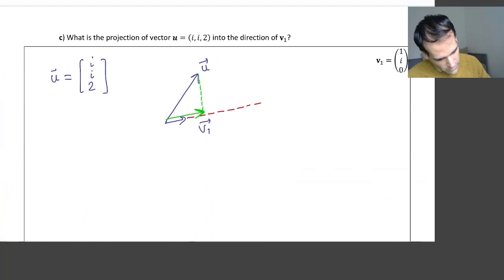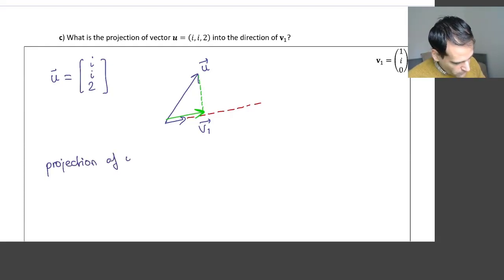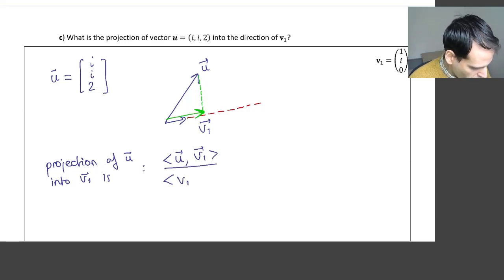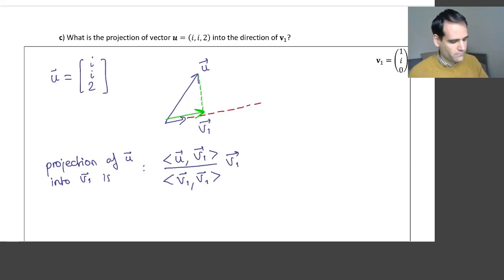Therefore, the projection of U into V1, and we follow the recipe, is U times vector V1 divided by the inner product of V1 with itself, multiplied by V1. That is the recipe for the projection of a vector onto another.